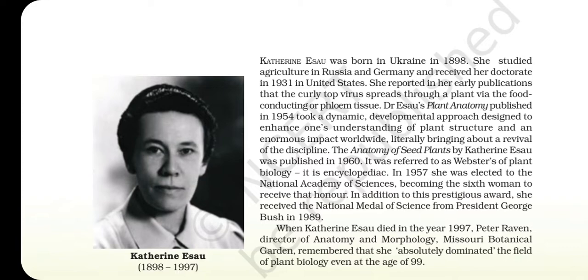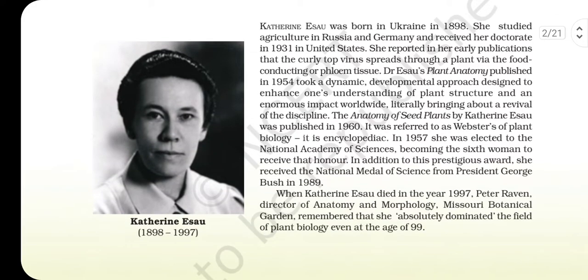It was referred to as the Webster of plant biology. It is encyclopedic. In 1957, she was elected to the National Academy of Sciences, becoming the sixth woman to receive that honor. In addition to this prestigious award, she received the National Medal of Science from President George Bush in 1989.